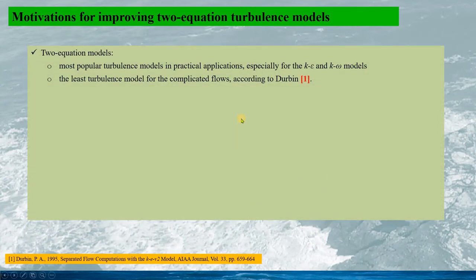Basically, the two-equation turbulence models are the most popular turbulence models in practical applications, especially the K-epsilon and the K-omega models. And the two-equation turbulence model is the least turbulence model for complicated flows, according to Turbulence.